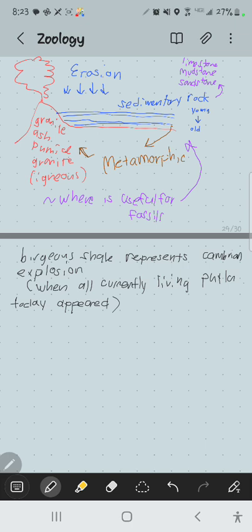What I want to finish up this morning talking about is how the estimates of these ages came about. What were the tools used to estimate the age? And that would be radiometric dating. So radioisotope or radiometric dating, obviously we're looking at radioactive isotopes of elements.